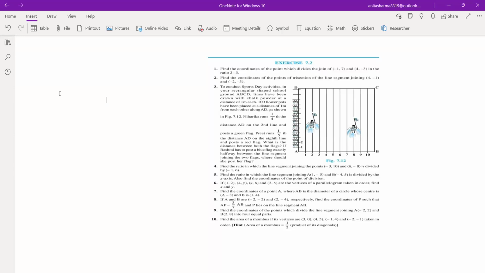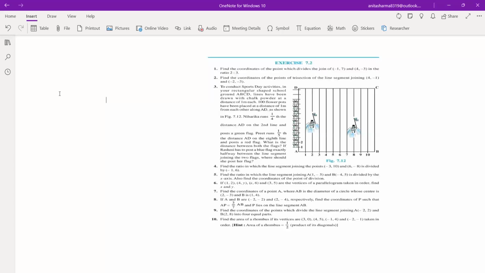Niharika runs 1/4 distance AD on the second line and posts a green flag. Preet runs 1/5 the distance AD on the 8th line and posts a red flag. What is the distance between both the flags? If Rashmi has to post a blue flag exactly halfway between the line segment, halfway means midpoint, right, beta?